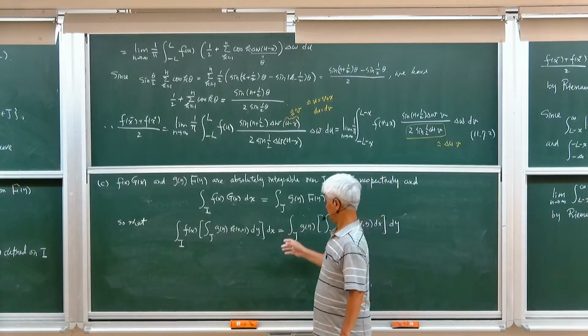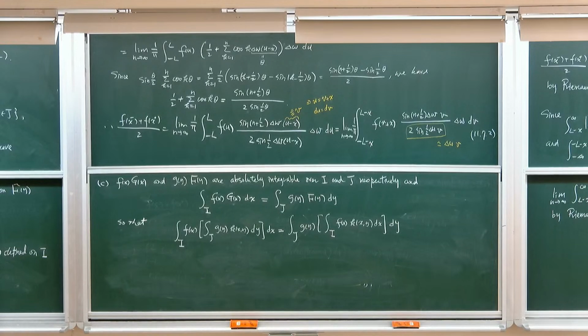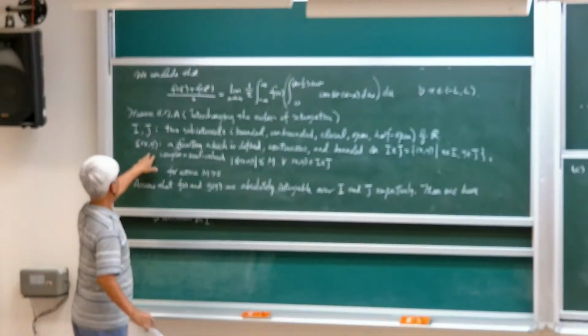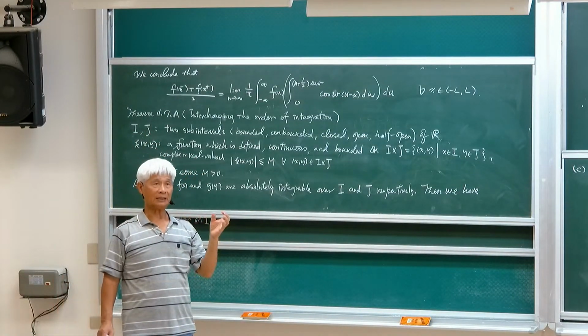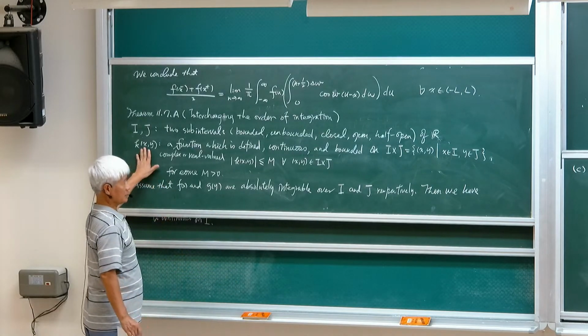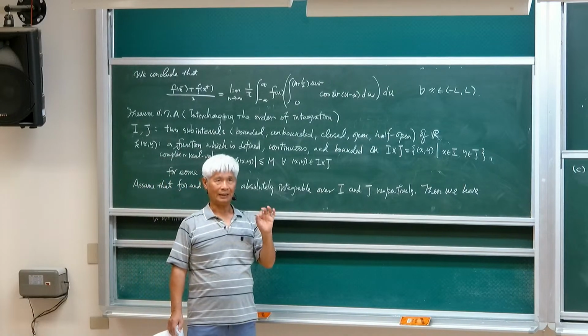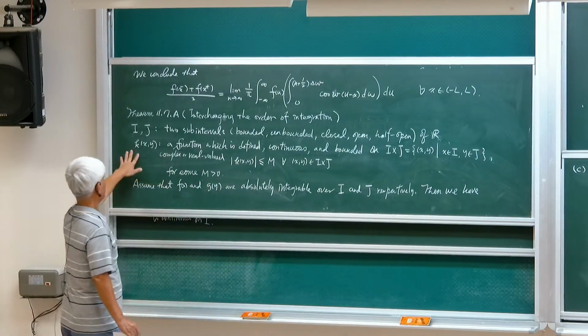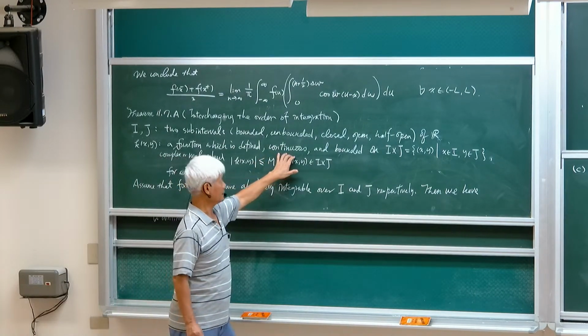And you can see the required condition is quite mild. The intervals I and j can be arbitrary intervals: bounded, unbounded, open, closed, half-open. And the kernel k of x, y has a strong condition that it is continuous and bounded.